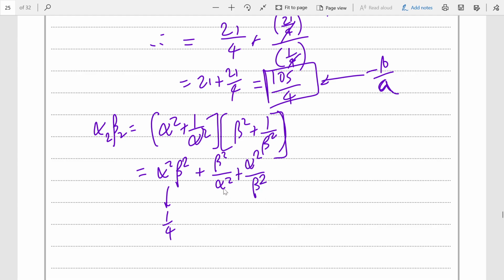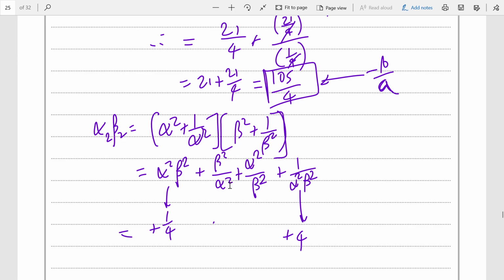Oh man, this is going to be an ugly evaluation. Plus 1 over alpha squared plus 1 over beta squared. And of course this is 1 over 4, which is just a plus 4. So we are left with this ugly fraction in between that we want to evaluate again.